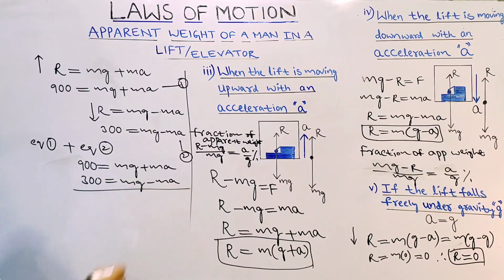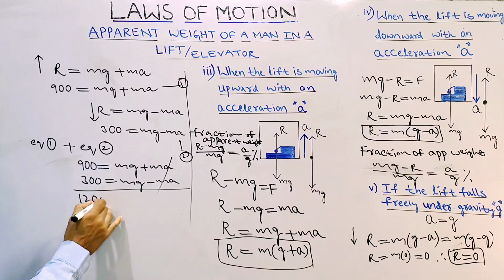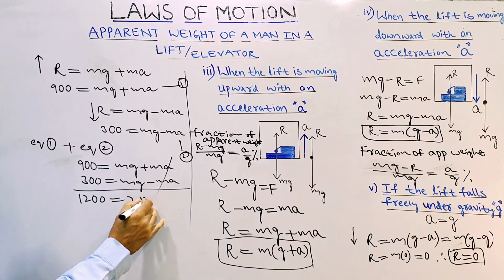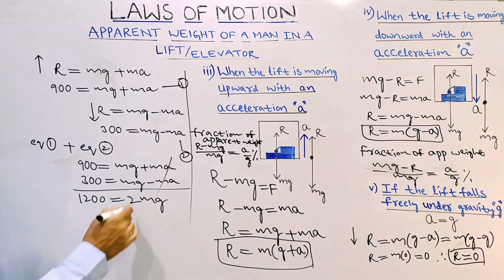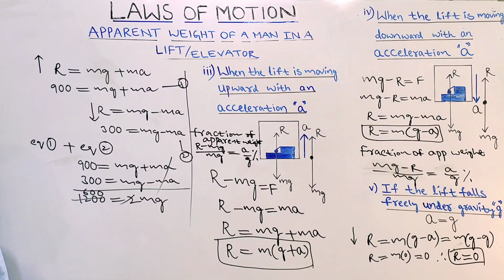Here I am adding, so plus ma minus ma gets cancelled. 900 plus 300 is 1200, equal to mg plus mg, 2 mg. So 2 into 6, and these two zeros as it is. Therefore mg equal to 600 newtons.